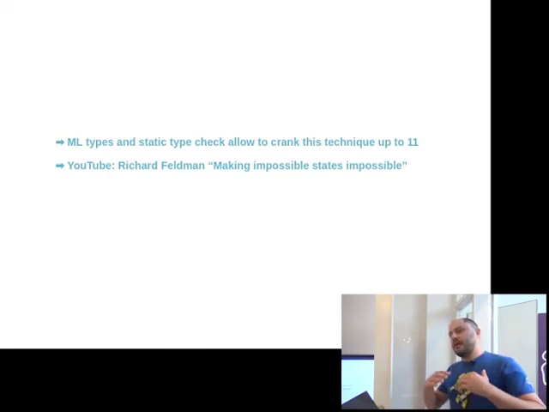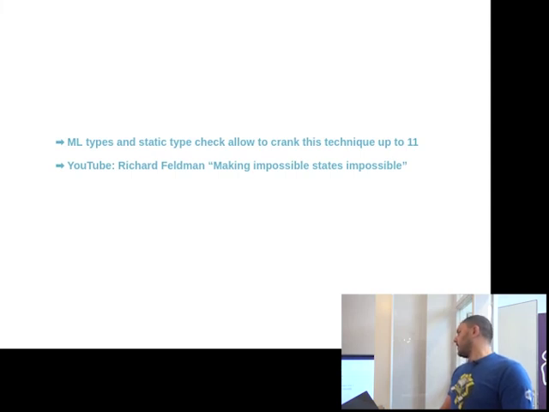ML types allow you to describe even very weird states in a way that's super solid, that allows you to make impossible the overwhelming majority of states that you don't want. And also the compilers will help you with those states, will tell you if you're not managing all the states that you should, which is fantastic, because the compiler will find the error for you before your user finds the error.